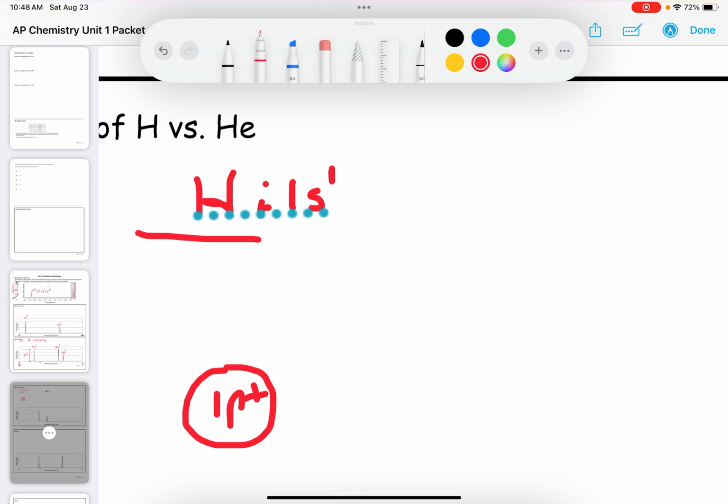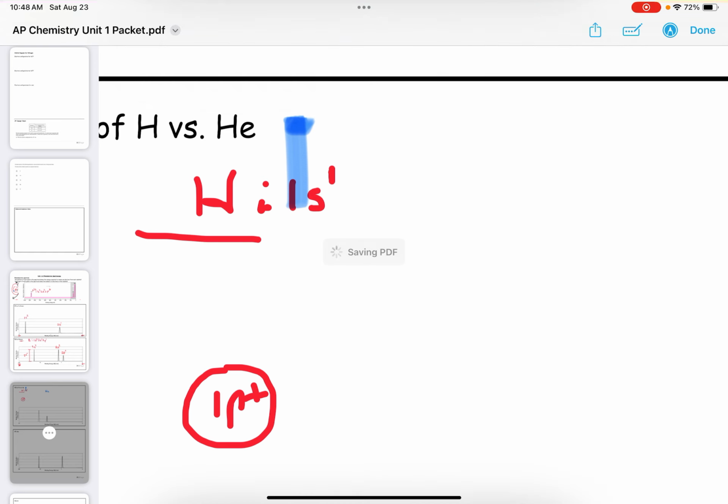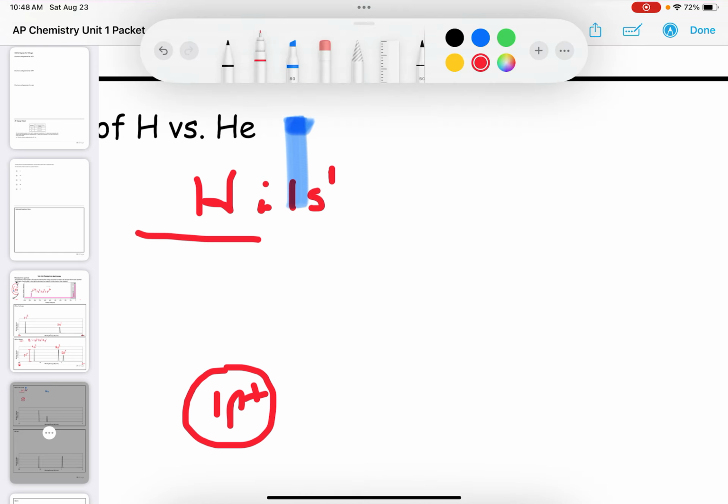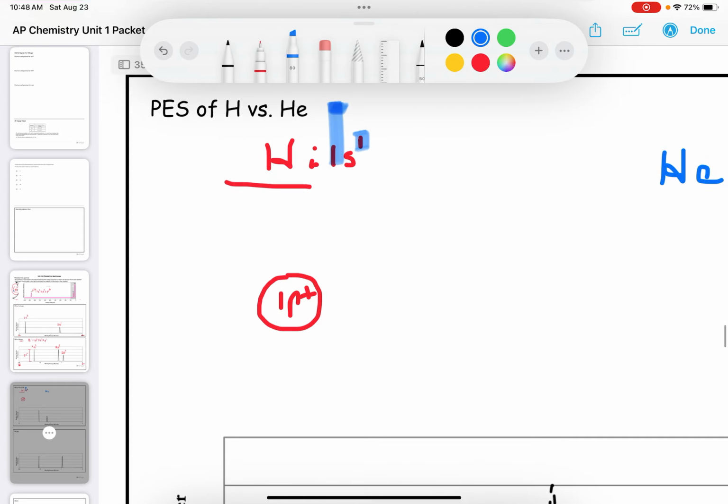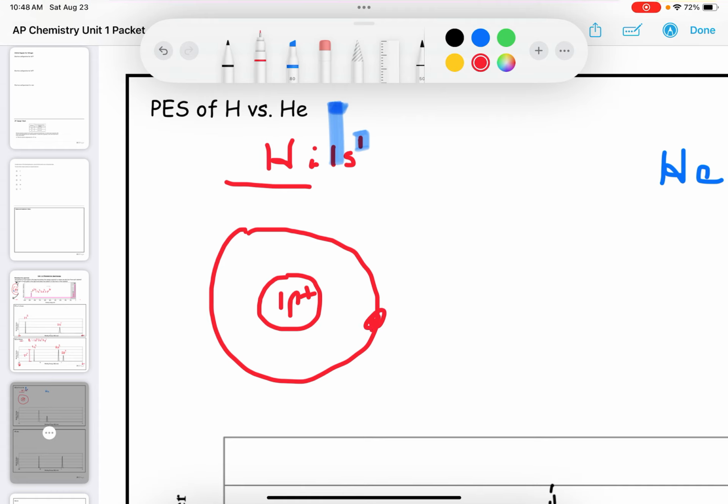So this would mean that there's only 1 energy level, right? Because it's a 1s. And inside that 1s energy level, there is 1 electron. So I'm going to draw that really quick. I'm going to exaggerate something that I want you to see in a minute. So I'm going to draw this electron.